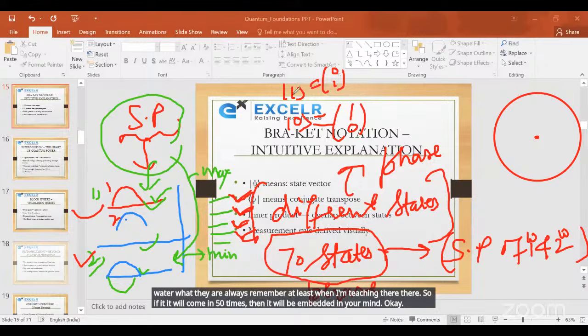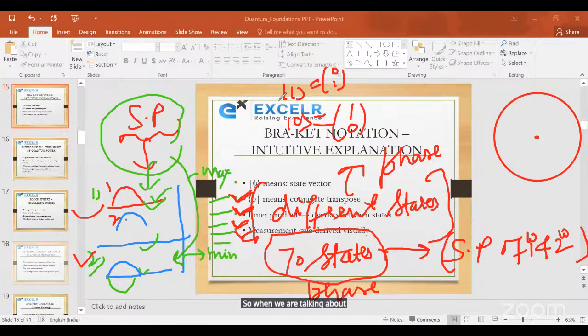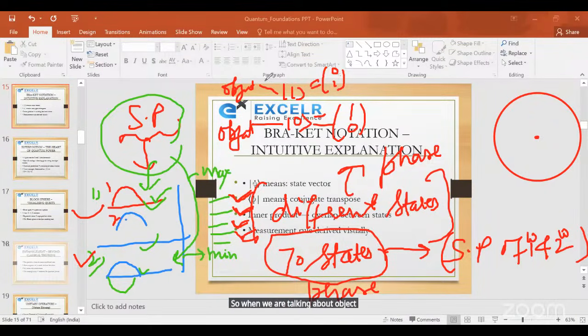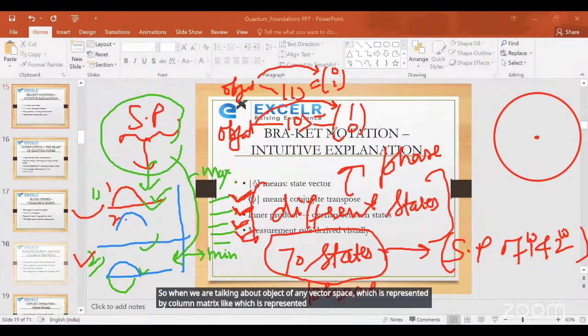When we are talking about ket 1 and ket 0, we are talking about objects in a vector space, which are represented by a column matrix like that.